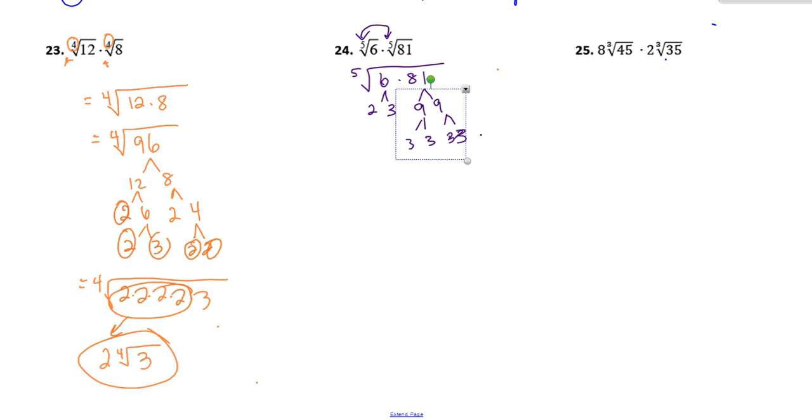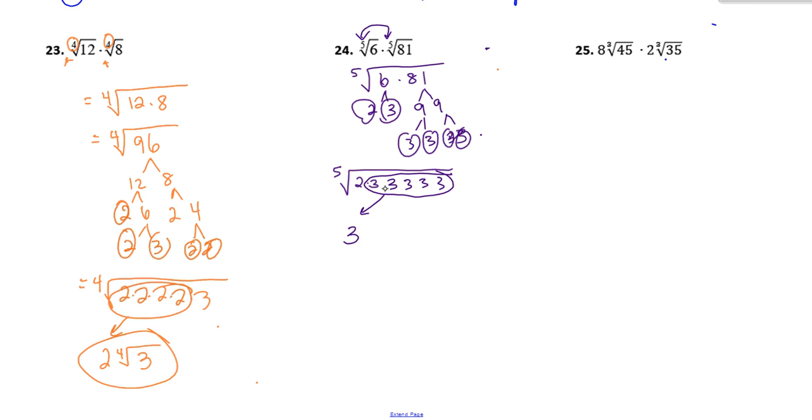But once you join them together, you've got 2 times 3, there's the 6. And then the 81 was 1, 2, 3, 4 3s. Okay, looks like we've got a group of 5 3s. 1 makes it out. Then left over on the inside is that poor little 2 all by himself.